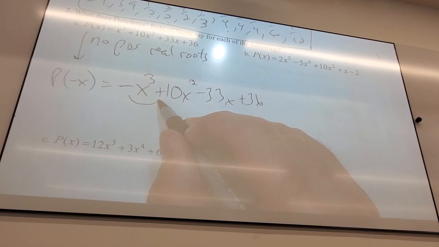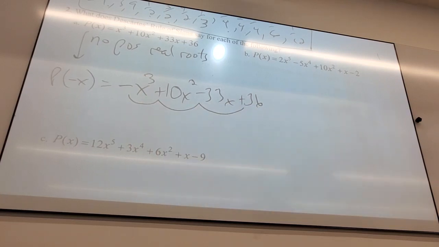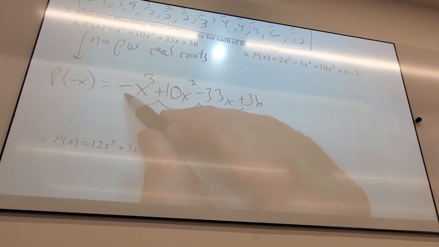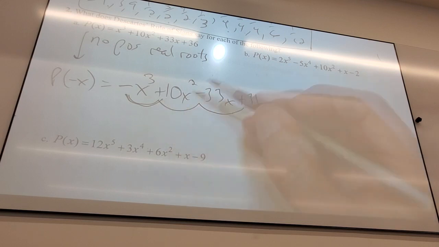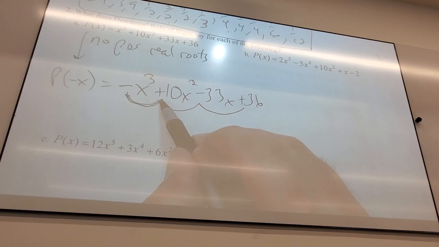1, 2, 3. So as I move through the terms, how often does the sign change? What was the original sign? That's a negative. If I move, do I now see a different sign?